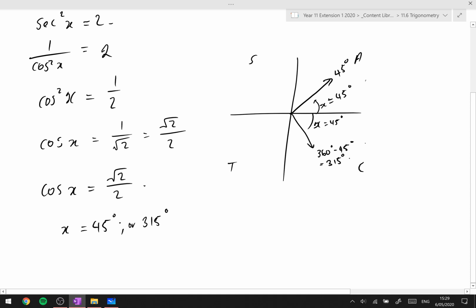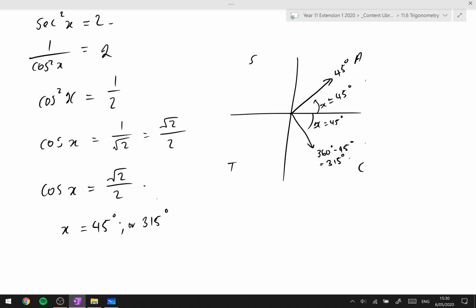And in this case, it is 45 degrees or 315 degrees, if we're restricting it between 0 and 360. With that being said, if we were to restrict the domain so it was only between 0 and 180 degrees, we wouldn't include this value here. But because we do have that domain between 0 and 360, we do include the 315.